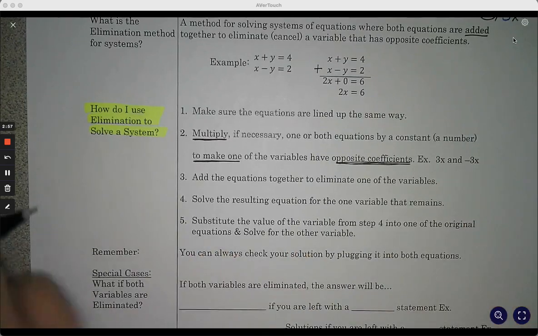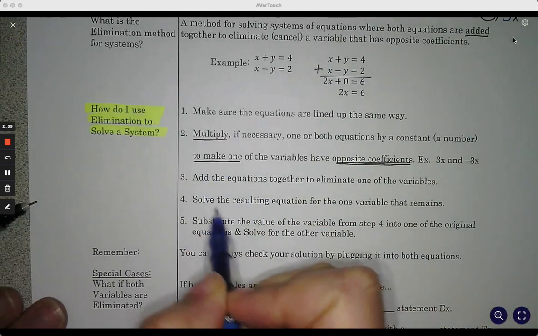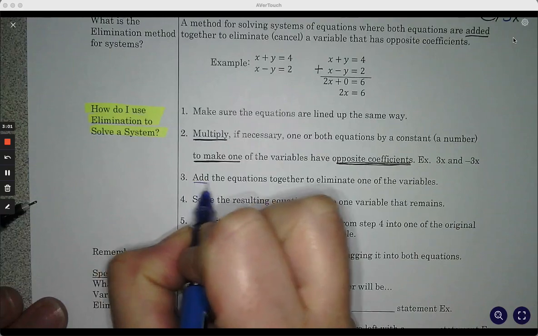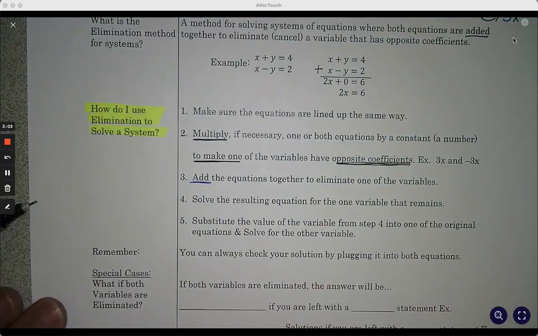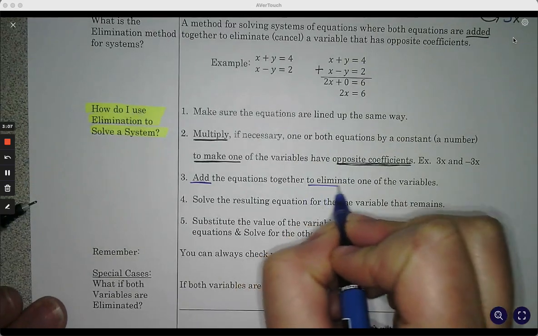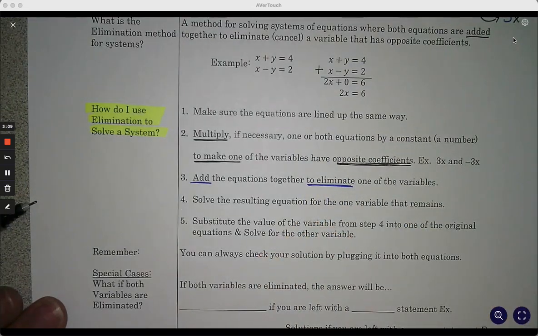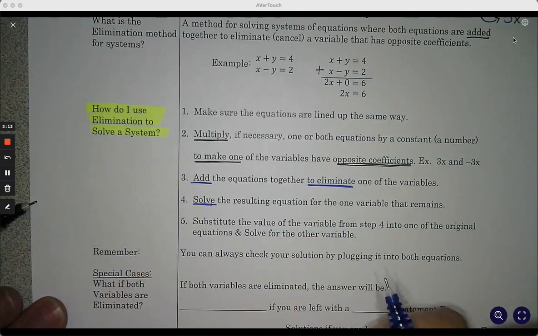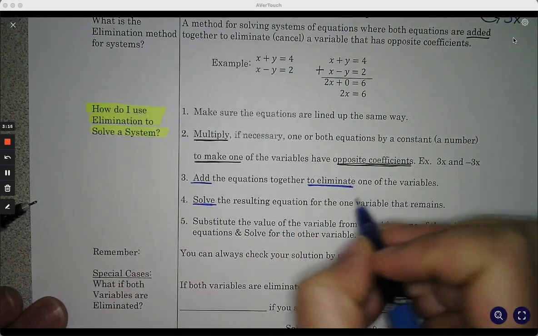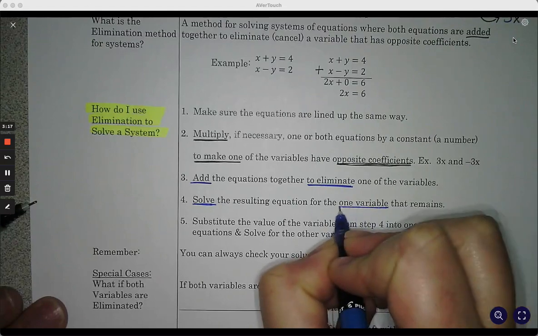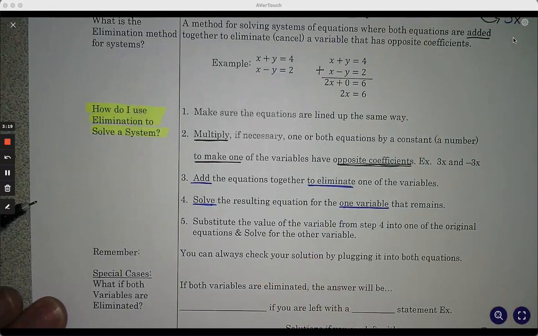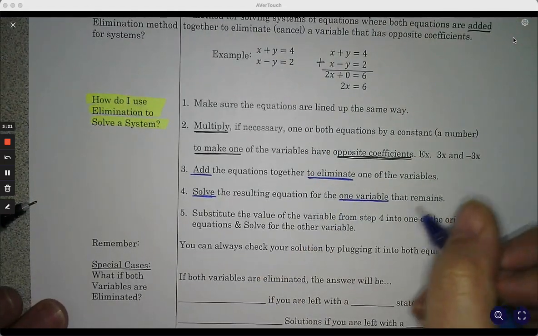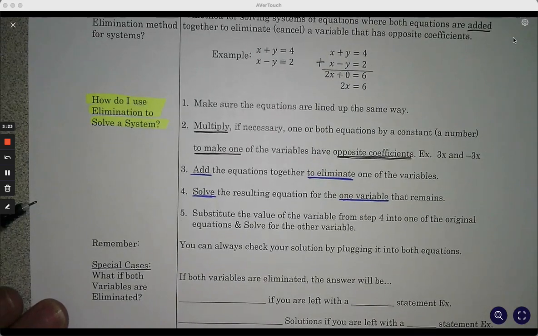Okay, after we multiply, if we have to, we add the equations together to eliminate one of the variables. Okay, we solve the resulting equation for the one variable that remains. After we solve, we might get x equals a number, y equals a number.